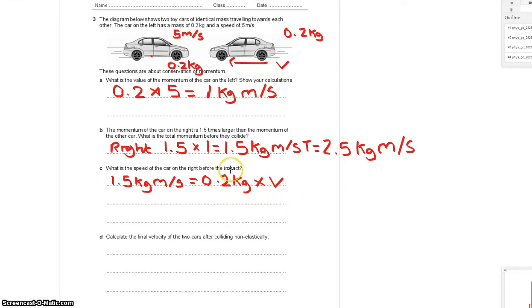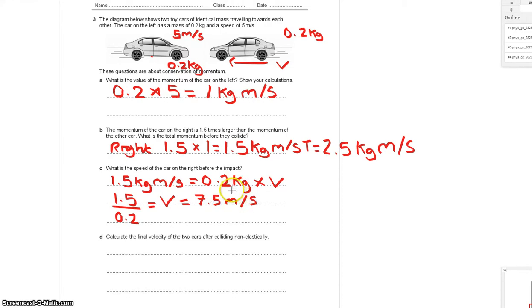Now all I have to do is rearrange this, so it's simply going to be 1.5 divided by 0.2, and that's our velocity. I'll just stick that in the calculator quickly to make it easier. 7.5 meters per second, because it's a velocity, it's going to be measured in meters per second.